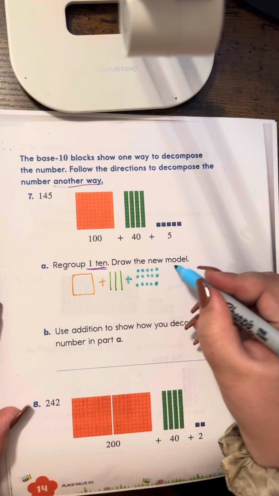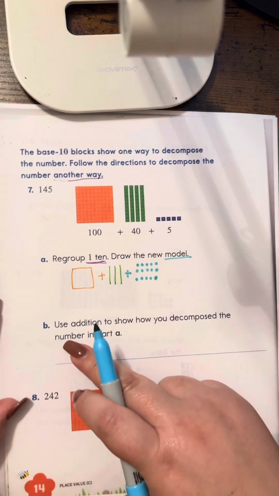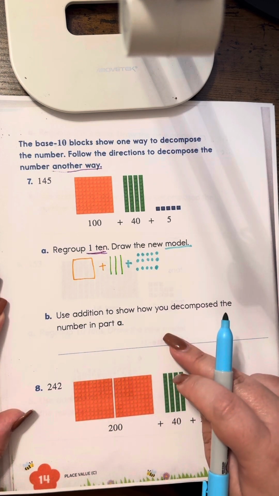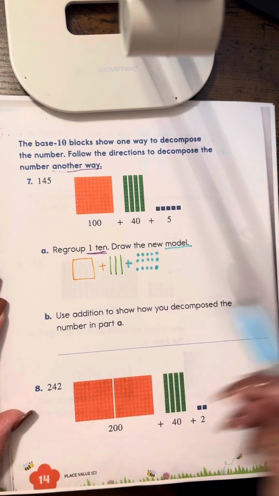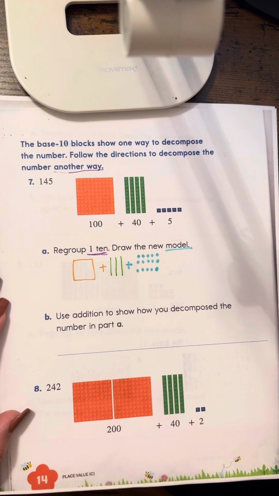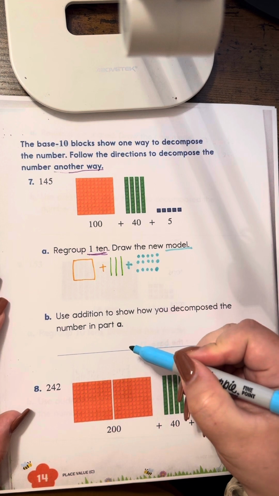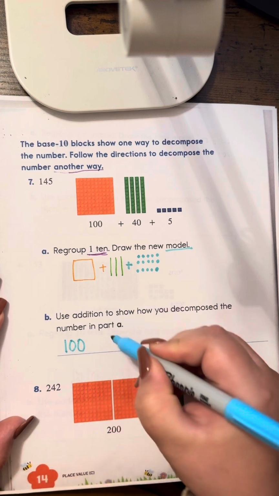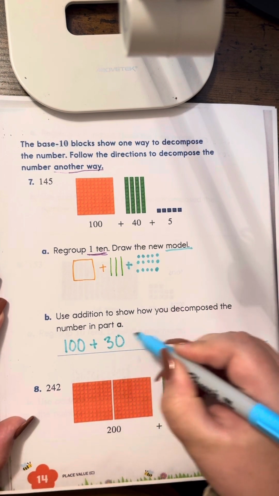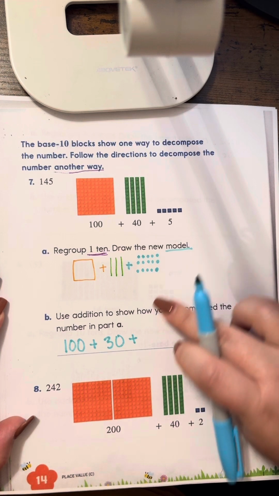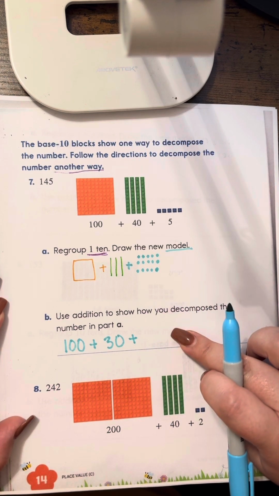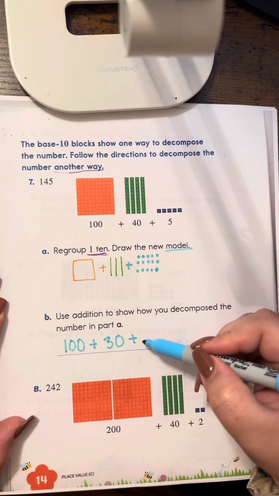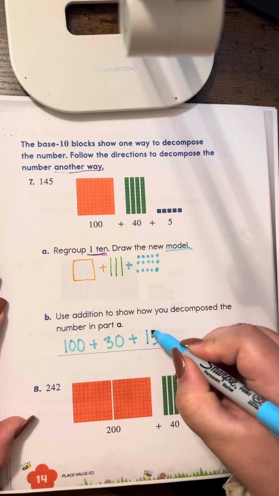And then we're just writing the model. It says, use addition to show how you decompose the number in part A. Okay, so then you have to use addition to write it out. Let's see, I'm going to use this blue marker. I hope it shows. So I would write a number sentence, 100 plus 30 plus, now usually in the ones place you don't have a 10, but because we're decomposing a 10, we have to have 15 here.